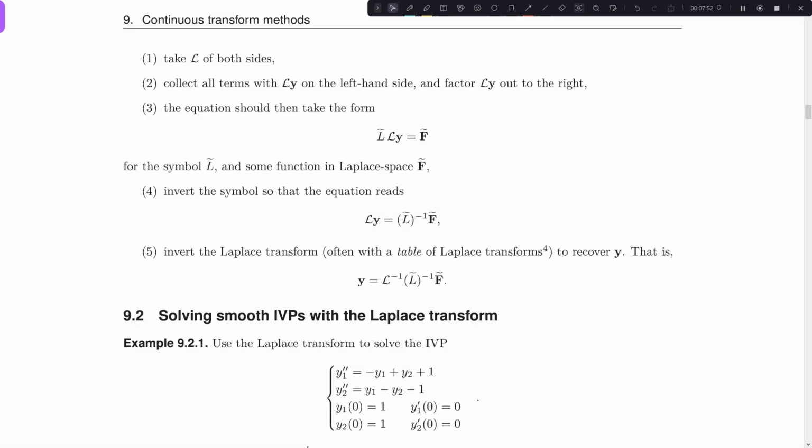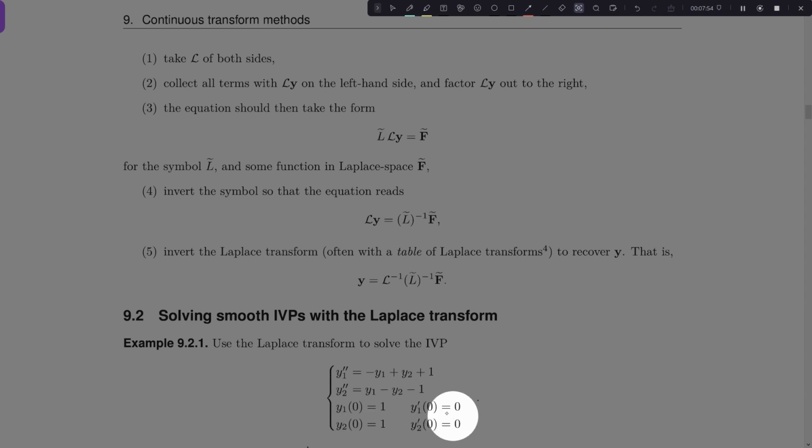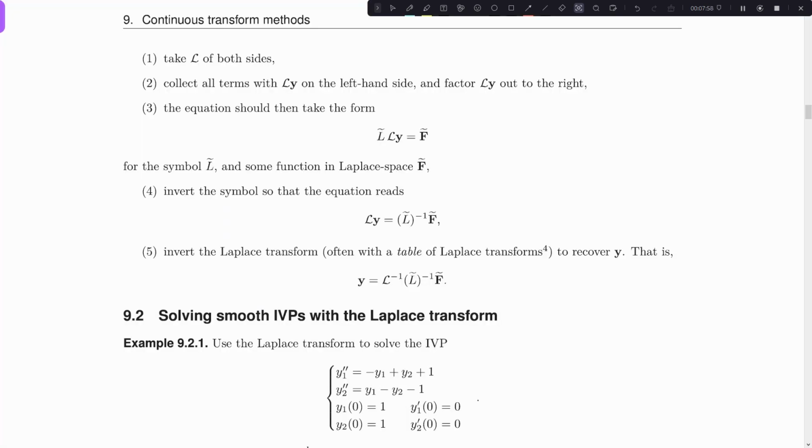Okay, so here we have an IVP. It's given to me in 2 dimensions, and so it's to my benefit to rewrite this as a 2D vector equation. So this is my y vector, double prime, and then I have the matrix -1, 1, 1, -1 times the y vector plus now the vector 1, -1.